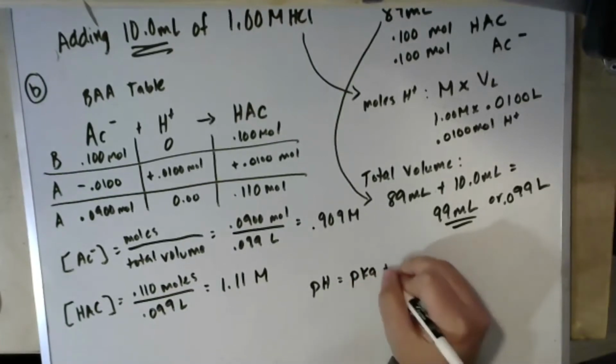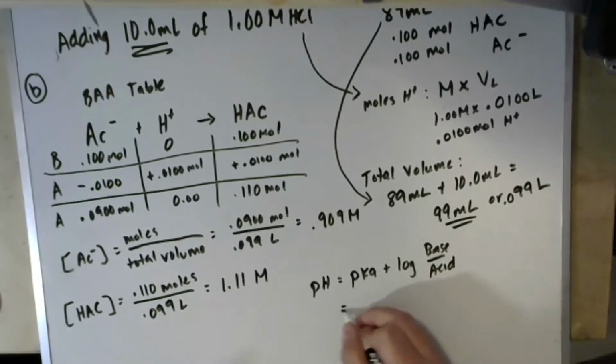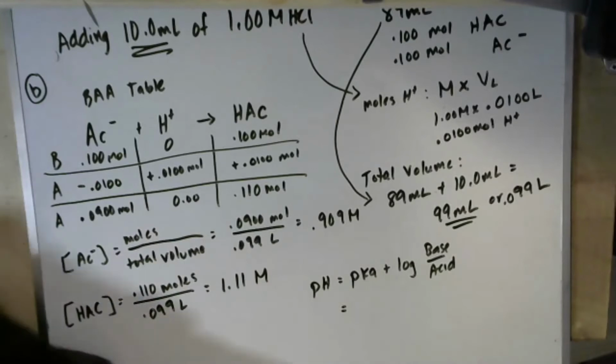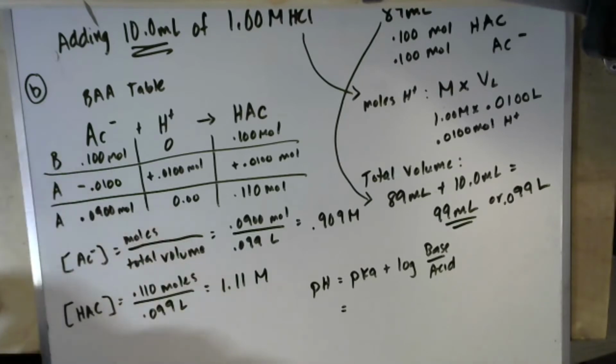So pKa plus log of the base over the acid. Oh, we looked at the pKa a few times already. Forgot it. So the pKa is 4.74.